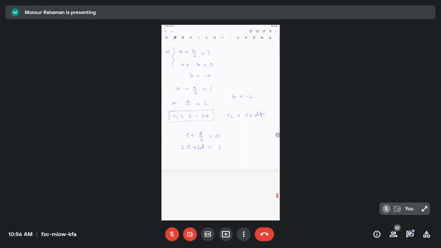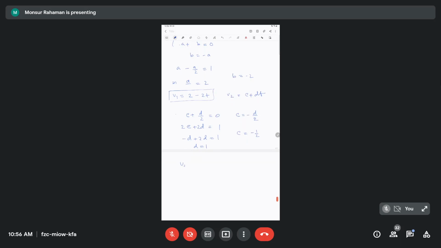So c equals minus d by 2, so this is minus d plus 2d equals 1, so d equals 1, so c equals minus half. So V2 is equal to minus half plus t. This is V2. Okay, here the dual basis was given. You need to find the basis vector.